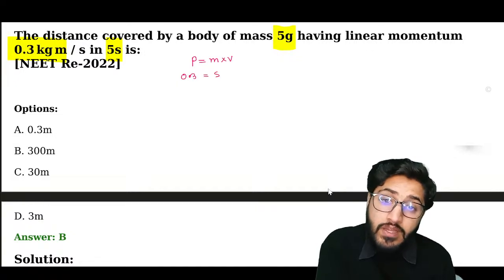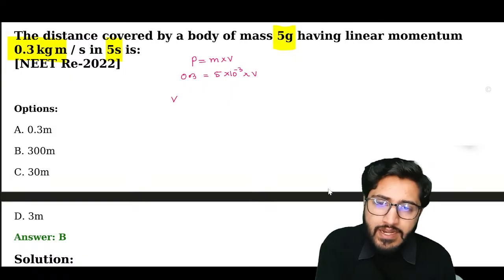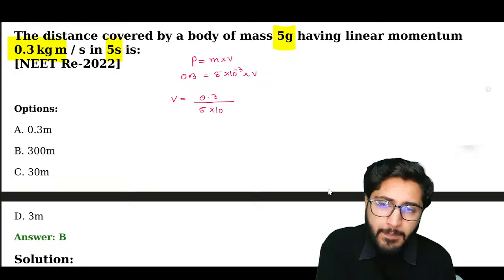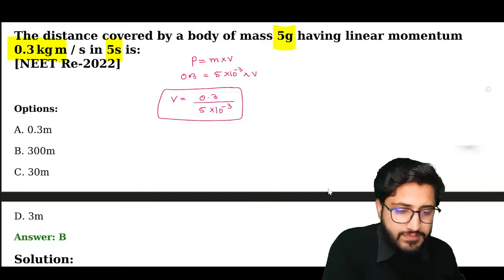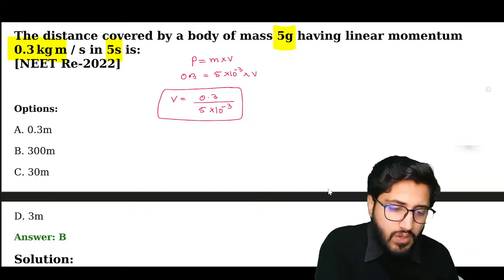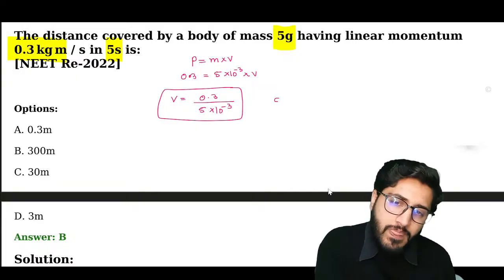Mass is 5 gram. So I can write v is equal to 0.3 whole divided by 5 into 10 to power minus 3. It's my velocity. Now, what is distance?